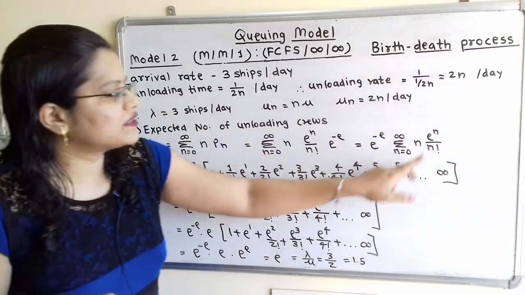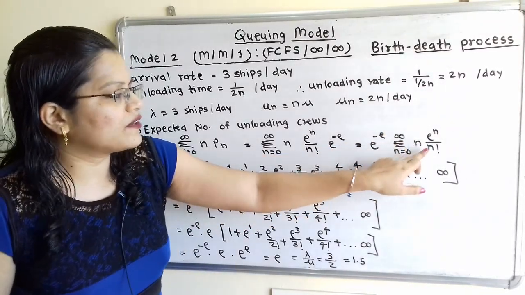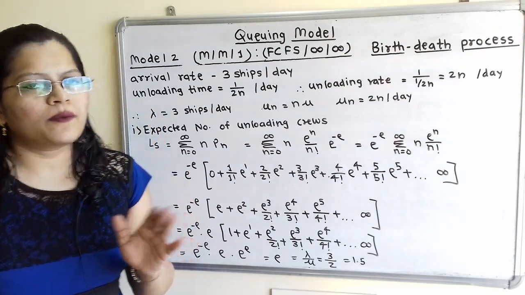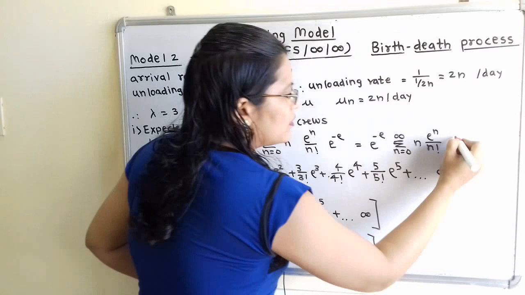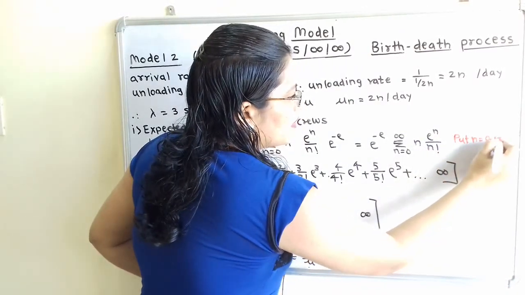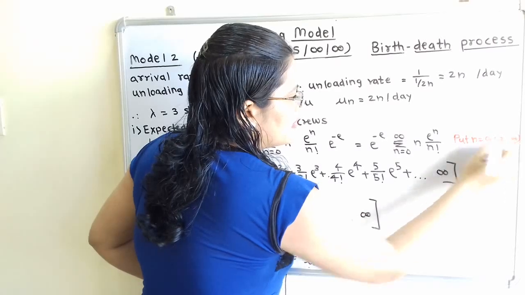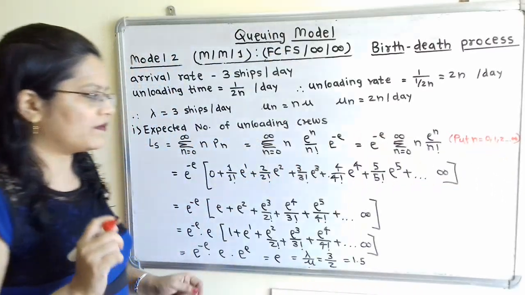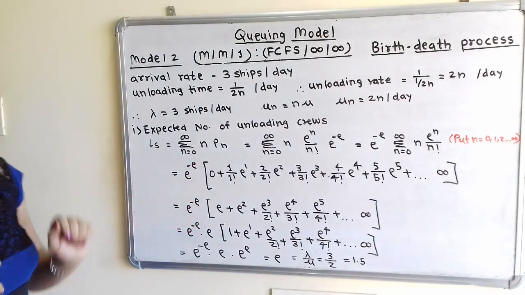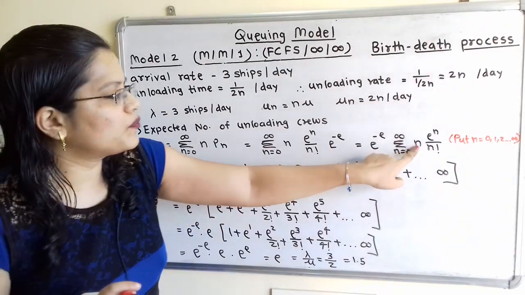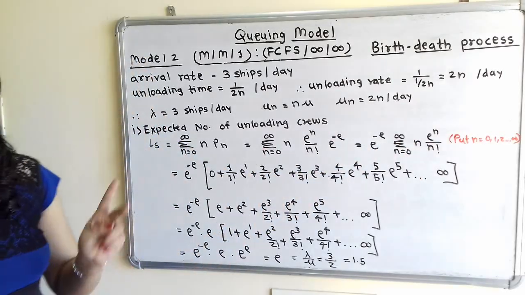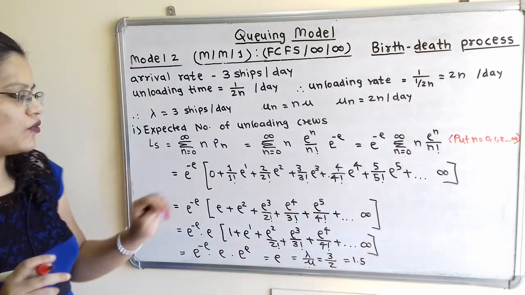Now we will put the values. How to solve this summation? Instead of n we have to put the values 0, 1, 2 up to infinity. So we will solve this: e raised to minus rho, and inside the bracket, instead of n put 0. So the first term is 0 into rho raised to 0 by 0 factorial, which becomes 0, plus.